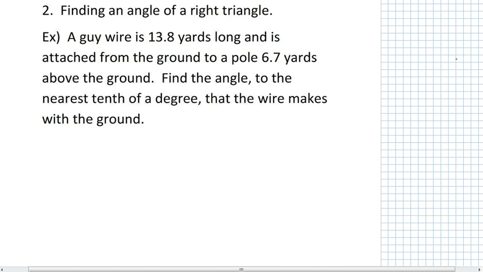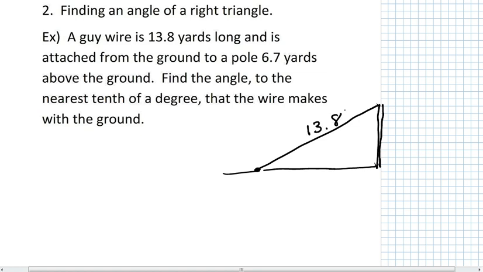And basically a guy wire is one that, if you have a stake in the ground, here's the ground, it basically is put in the ground and it hangs up from a pole. So the guy wire is 13.8 yards long. It's attached from the ground to a pole 6.7 yards above.